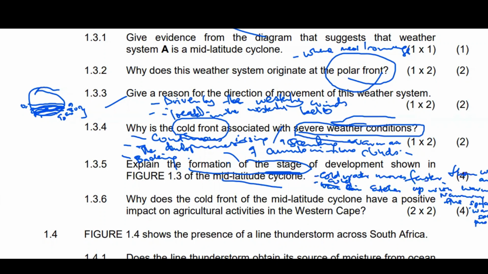What does it mean? You'll find out that if this is the cold sector, and this is the cold front, and this is the warm front, this one is moving faster. That means it is catching up with the warm sector. And the warm sector has got the warm air. So it's pushing the warm air outside the cyclone.